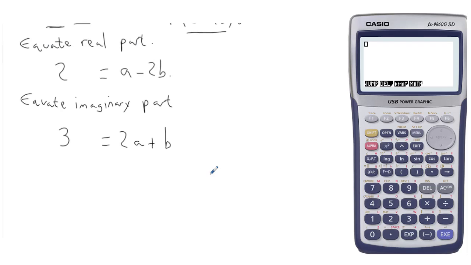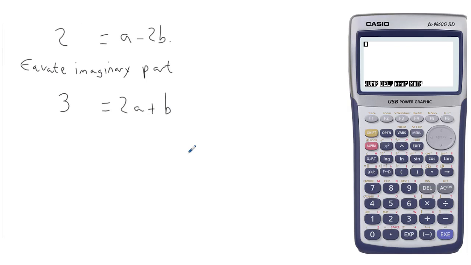Now we are going to form and solve our simultaneous equations. I'm just going to rewrite those in the most conventional way. Equation 1 is a minus 2b equals 2, and equation 2 is 2a plus b equals 3.